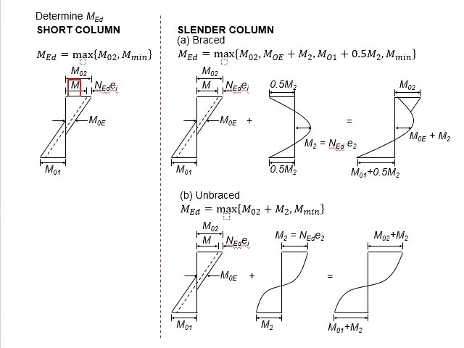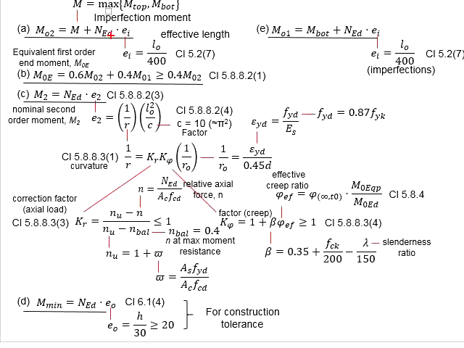Therefore, the M here will be equal to 35 kN meter. NED is given in the questions, which is 1200 kN. Now you need to determine the EI. The EI is given by this formula, which is the effective length of the columns divided by 400.